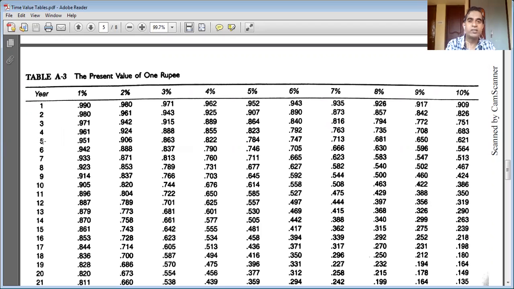What is the rate of interest given in the case? 10%. So here it is 0.621. Can you see this value? Yes, sir.